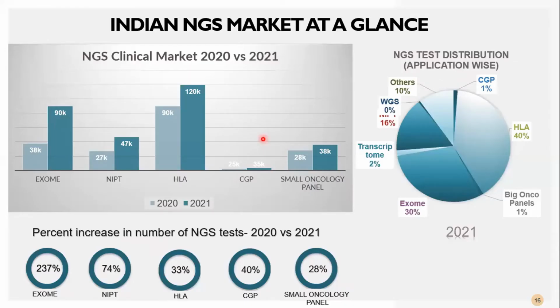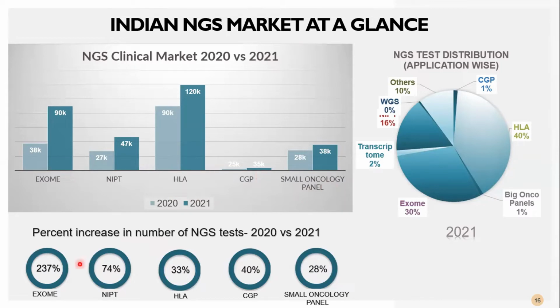So what is the market looking like? When you talk about the Indian NGS market, this is how it looks. From 2020 to 2021, it grew really fast, be it exome sequencing, NIPT, HLA, comprehensive genomic profiling, or small oncology panels.